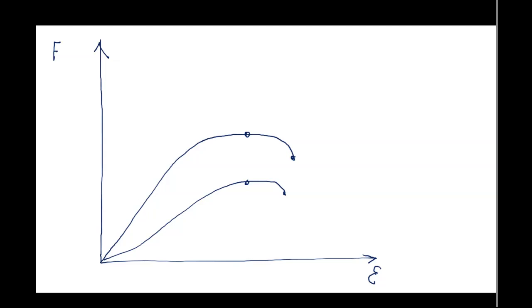What is important is that the force at fracture should be lower than the UTS. Generally, this is the rule, because materials will form a neck at the UTS point somewhere here, then the cross-sectional area is reducing.